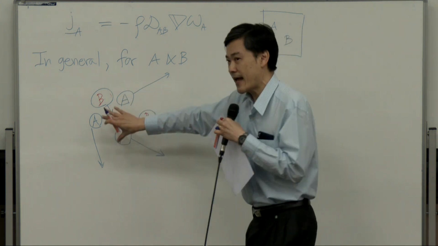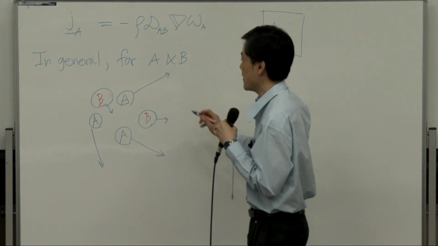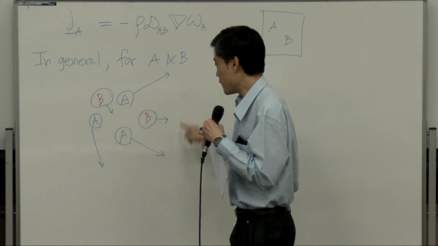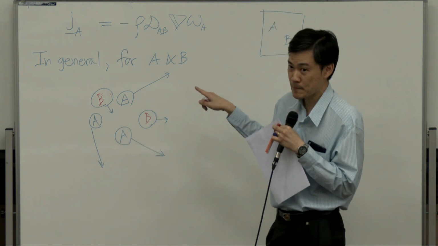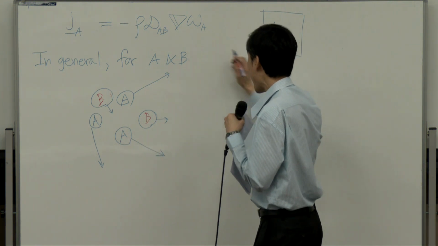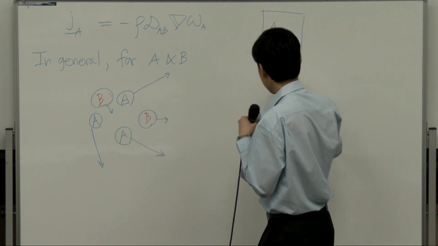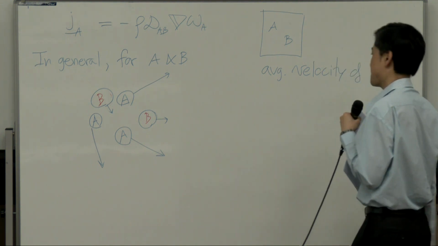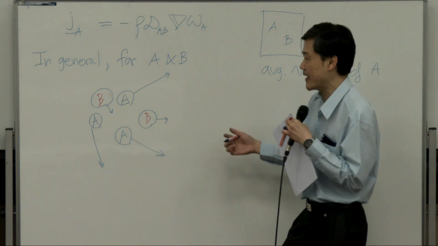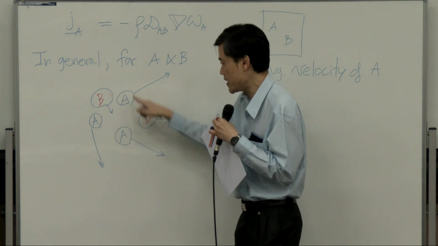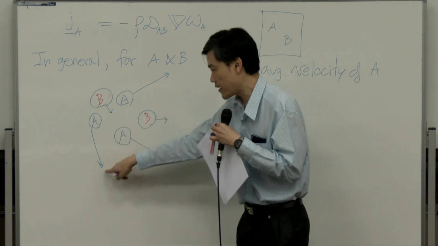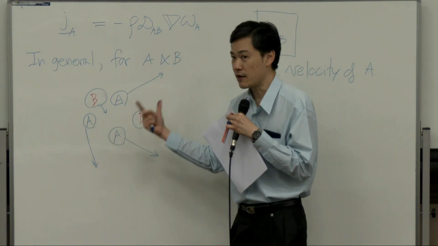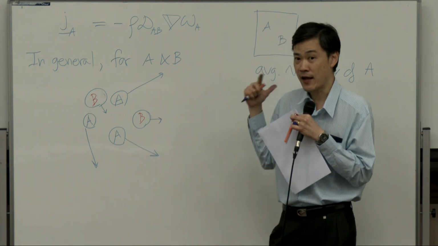If we look at A first, I'm saying that I have 3 atoms of A moving with 3 different velocities. I can find average velocity of A. Mathematically, if I can measure velocity of each atom, add them up, divided by 3, then you get the average value.